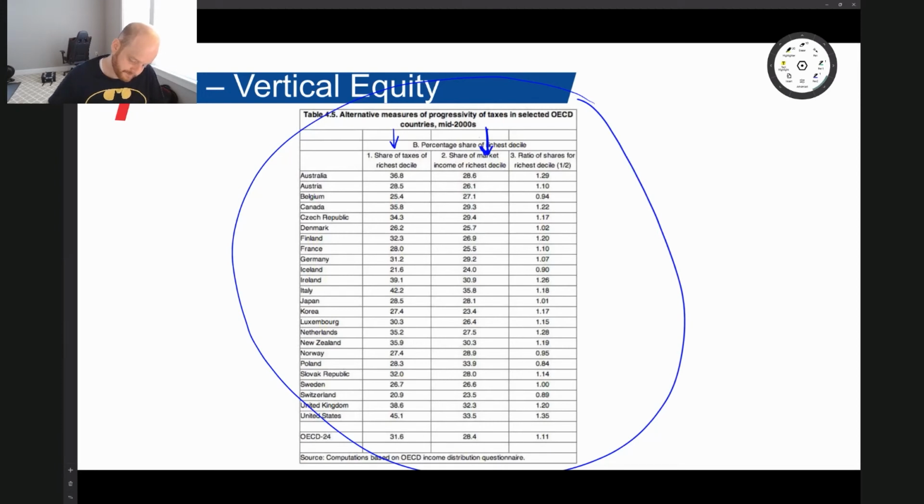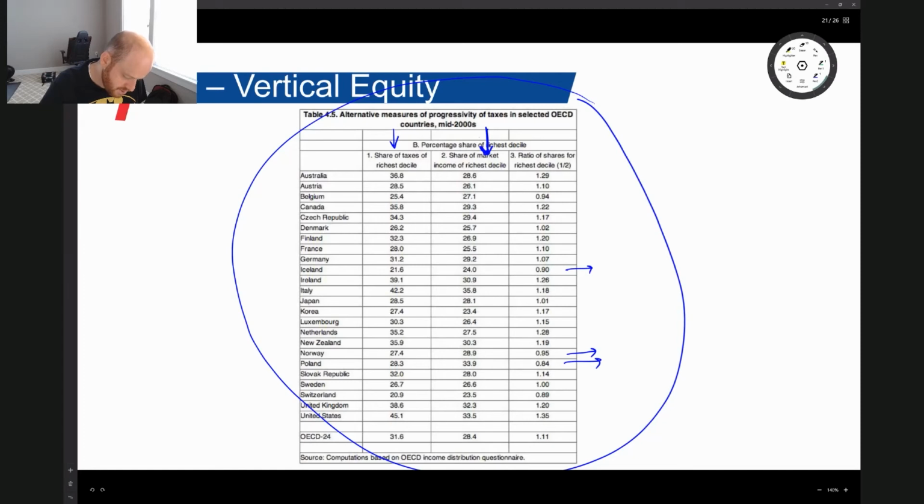So Norway, as you can see, has ratios that are below 1. So Norway, Poland, and then there's Iceland, right?